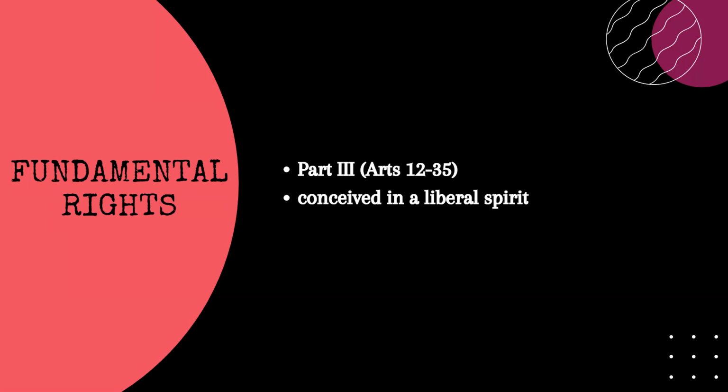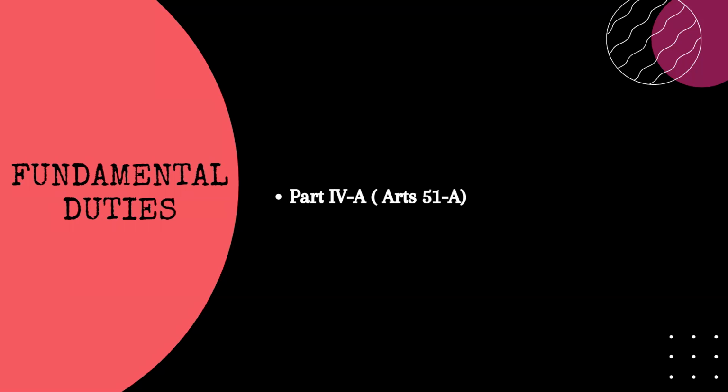These fundamental rights have been conceived in a liberal spirit and seek to draw a reasonable balance between individual freedom and social control. Next are the fundamental duties. These are contained in Part 4A, Article 51A, and it contains the duties that have to be followed by every citizen of India. So the rights and duties go hand in hand. The fundamental duties cannot be enforced.